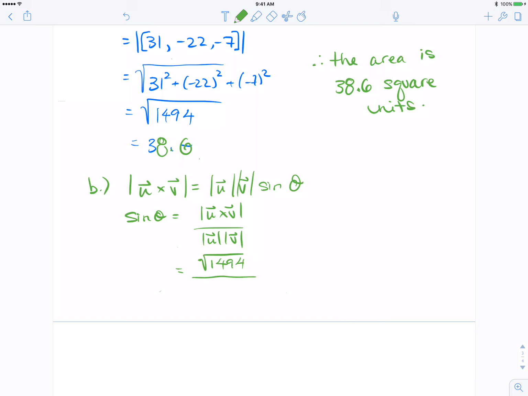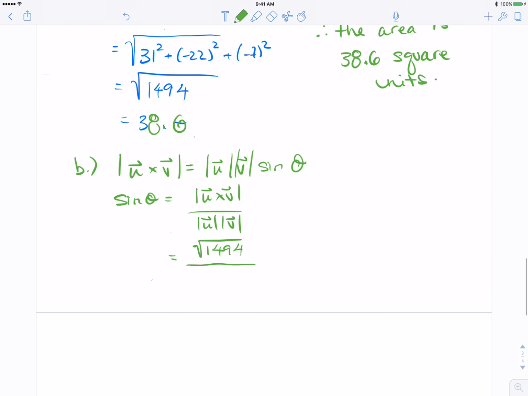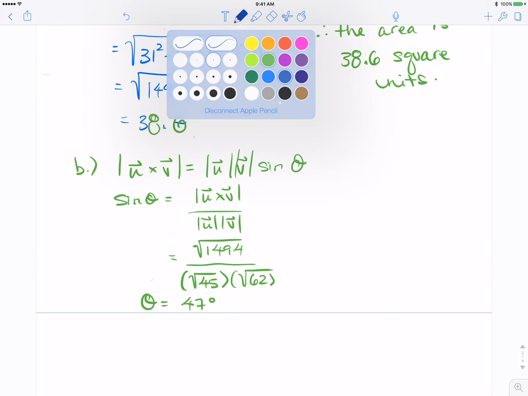You can do the magnitudes on the side. It doesn't matter how you do them. I'll, just for speed's sake here, write down our magnitudes to be √45 and the square root of 62. So for the length of u, if you're looking at doing that on the side, I can for you.